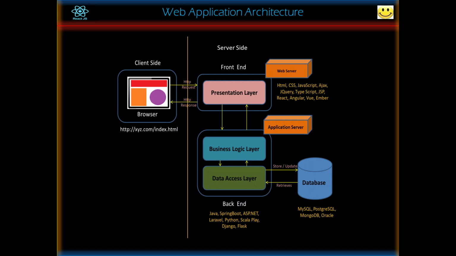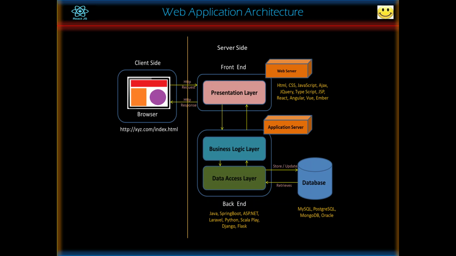This presentation layer is deployed on a web server. The backend contains the business logic layer and the data access layer. This backend is developed using Java, Spring Boot, ASP.NET, Laravel, Python, Scala Play, Django, Flask, or any other programming language or framework.